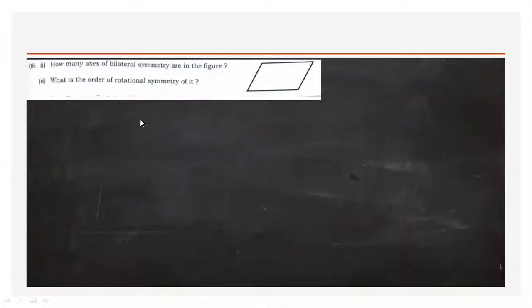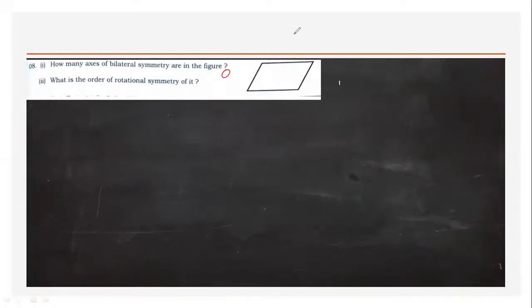How many axes of bilateral symmetry are in the figure? How many axes can you see? This is a parallelogram. Are there bilateral symmetry axes here? No, that is 0. Then you can write 0. What is the order of rotational symmetry?